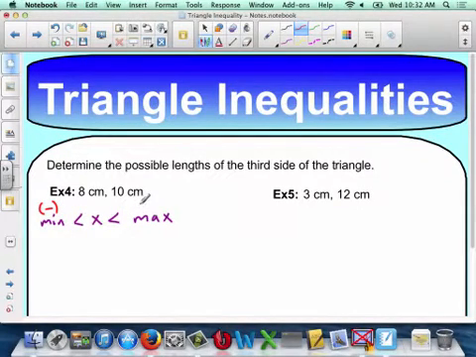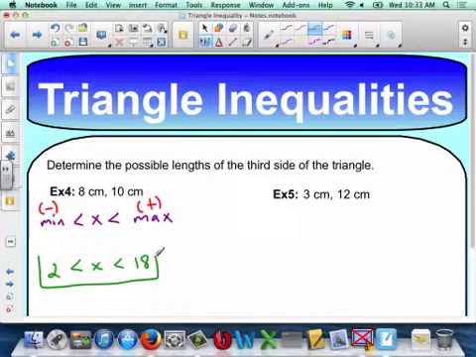Subtract. What do I do for the maximum? Add them. So guys, what's 10 minus 8? So 2 is less than x. And what's 8 plus 10? 18. There we go. Any number greater than 2, but less than 18, will help create a triangle.